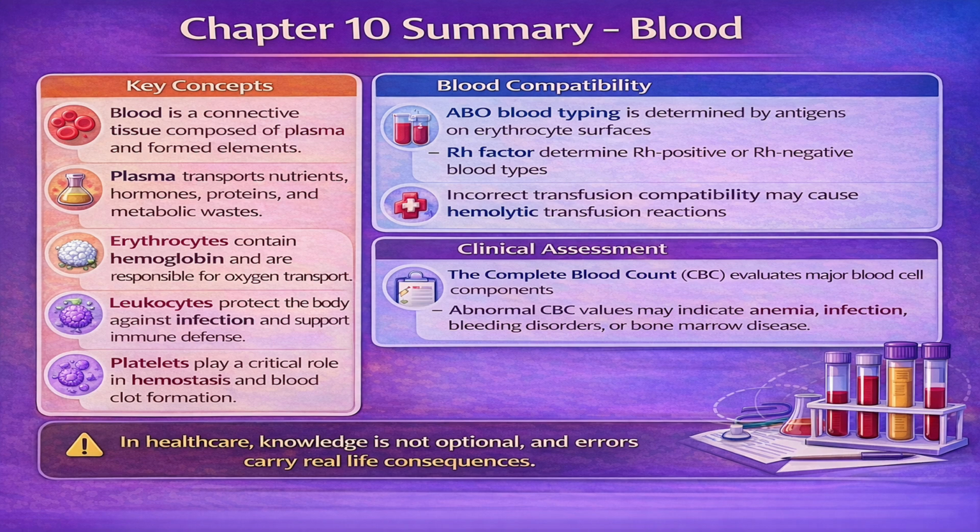Understanding the composition and function of blood is essential for recognizing disease processes and ensuring safe clinical practice. Before proceeding to the next chapter, learners should complete the chapter assessments to demonstrate mastery of these concepts. And a reminder from SSRP, in healthcare, knowledge is not optional and errors carry real life consequences.